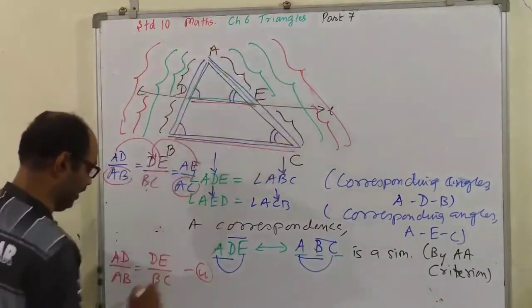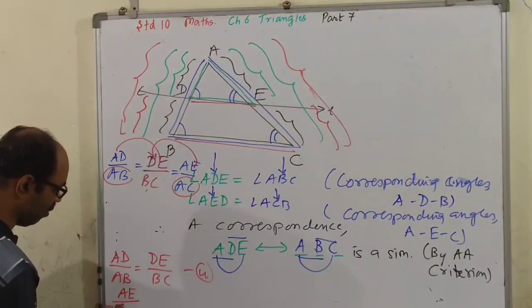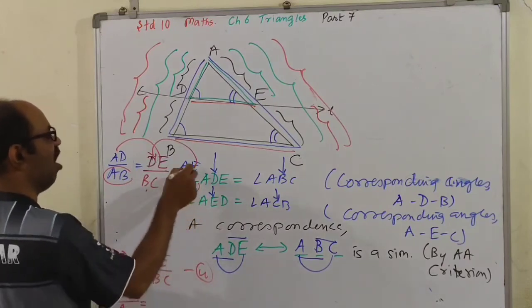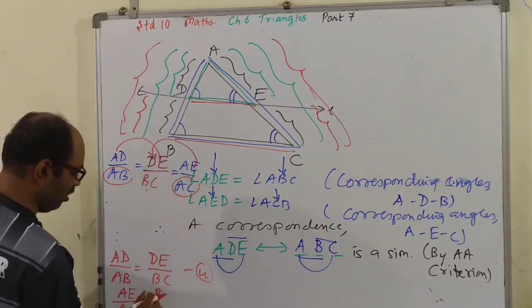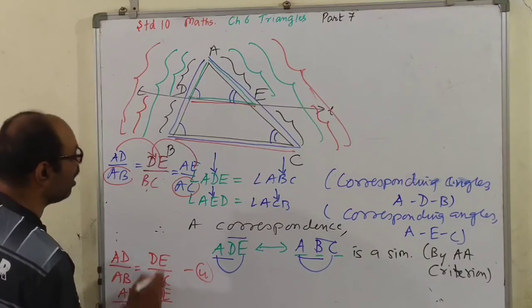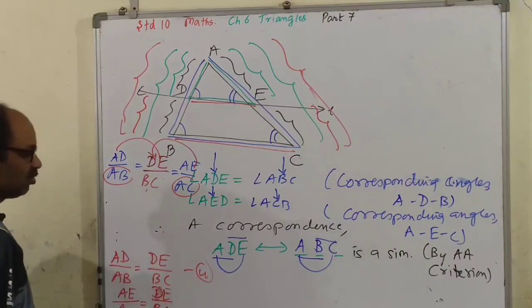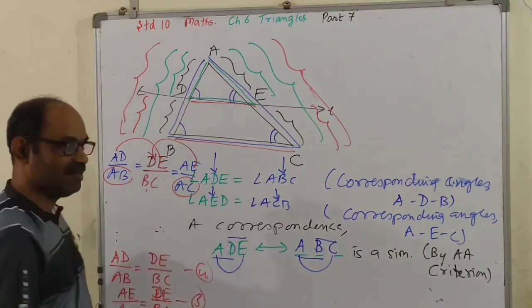AE upon AC is equal to what? DE upon BC. So this is the fourth result, this is the fifth result.